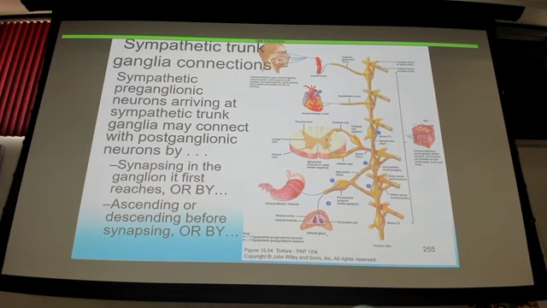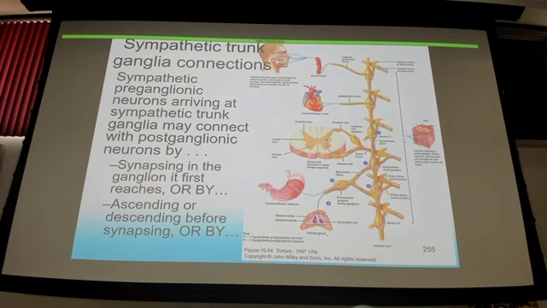White ramus, because I'm myelinated. I look like the Goodyear blimp guy. I'm myelinated. I'm walking. I'm going to take that exit. Now I'm in the sympathetic trunk. At this point, I have a choice, and I'm going to decide which postganglionic axon I like the best.